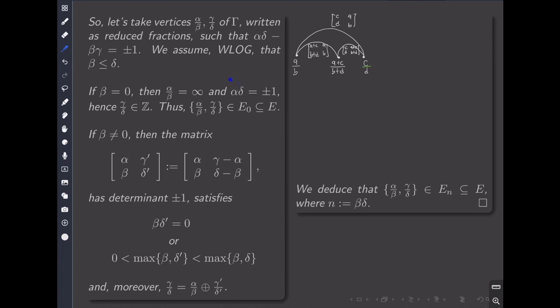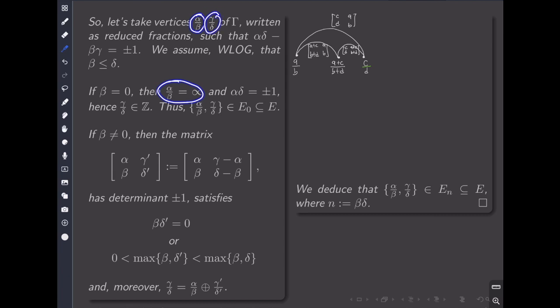So alpha delta is plus or minus 1, but they are integers. So delta has to be 1, because I know delta is positive. But delta being 1 means that gamma divided by delta is an integer, which means that one of the two given vertices is infinity, and the other one is an integer.